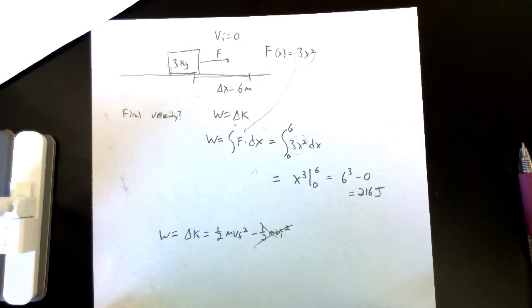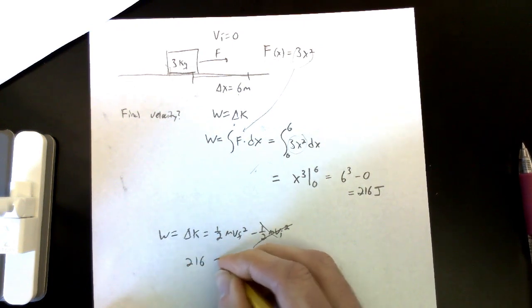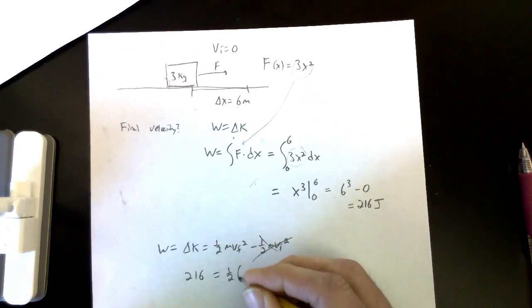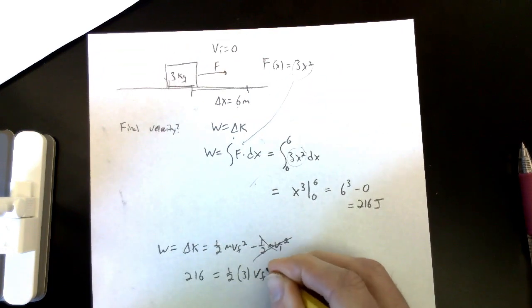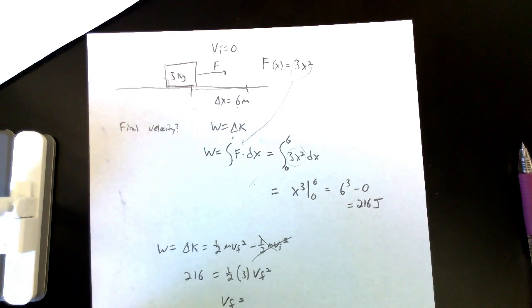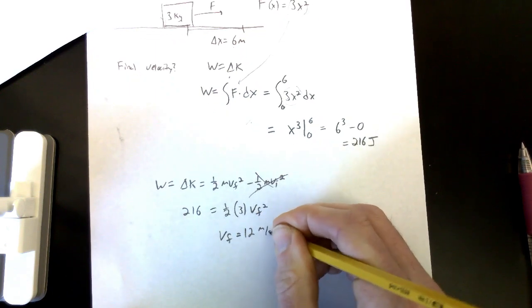Since we don't have an initial velocity, we just have this. So I get 216 is 1/2, where's my mass, 3 times v final squared. And then v final, I worked it out before, turns out to be 12 meters per second, which is also reasonable.